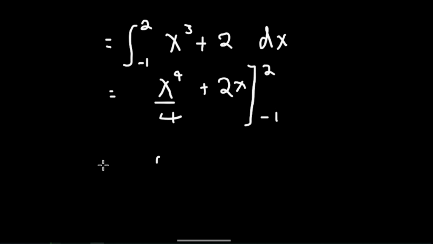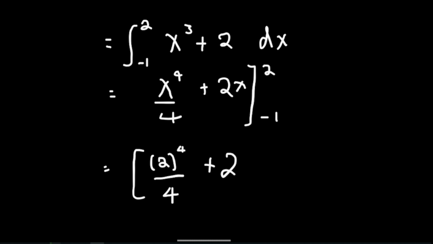So our area will be equal to when we have x as 2, x raised to the power 4 over 4, plus 2 multiplying 2.